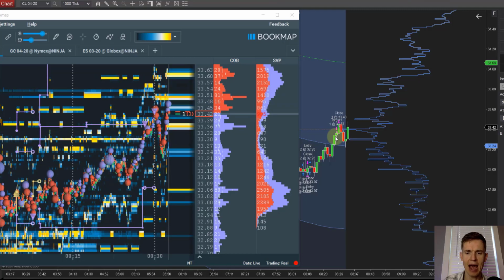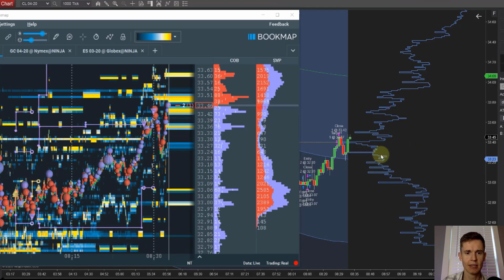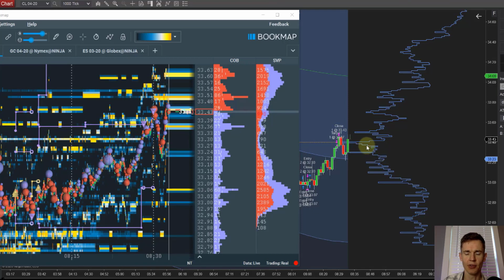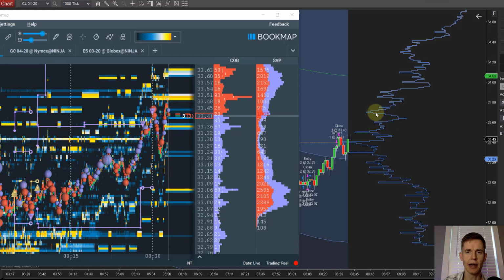And then what ends up happening is this gets hung up in this area for about 30 minutes. All right, so I was done trading for the day. It gets hung up here for 30 minutes, just going back and forth. And then it does start creeping higher, at least by 20 more ticks.